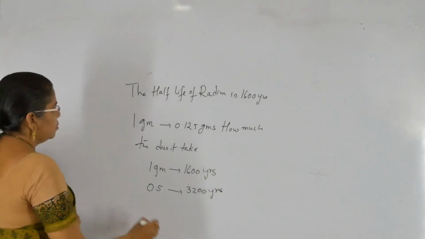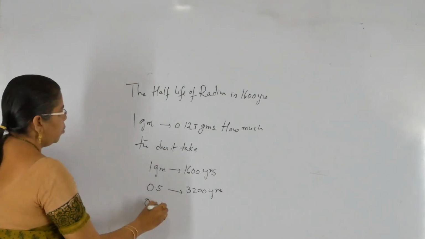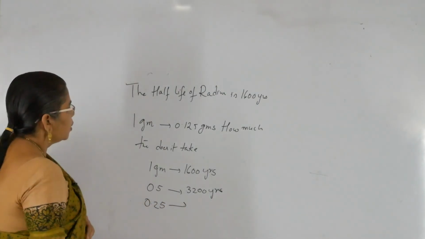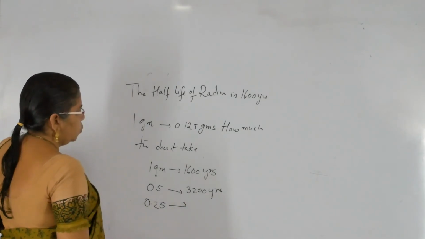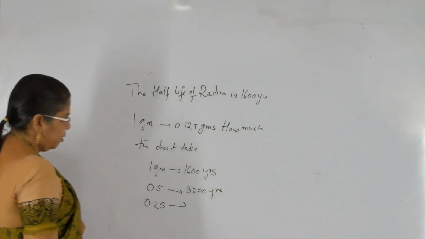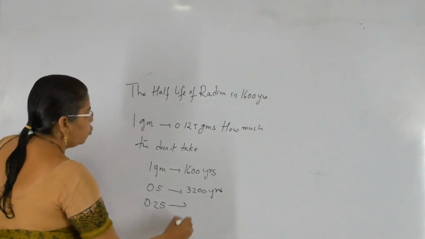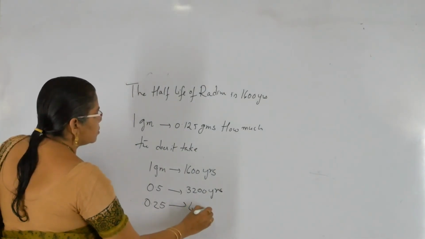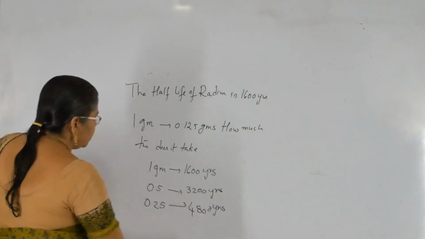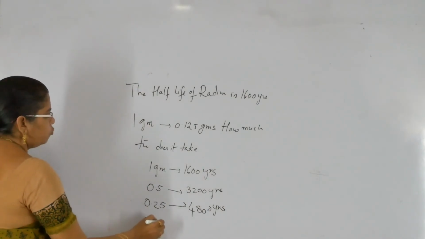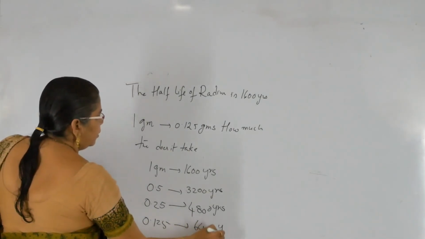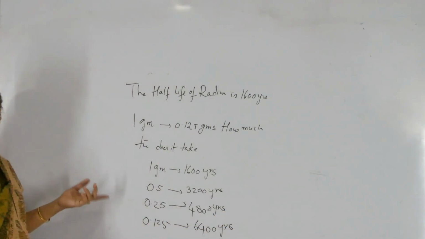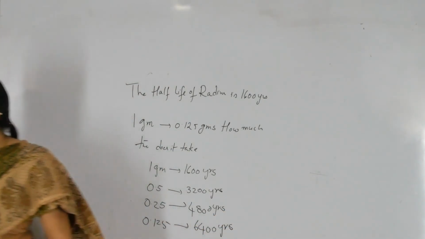Again half of this, 0.25 grams, takes 1600 more, so 4800 years. Next, for 0.125 grams it takes 6400 years. So this is one problem.